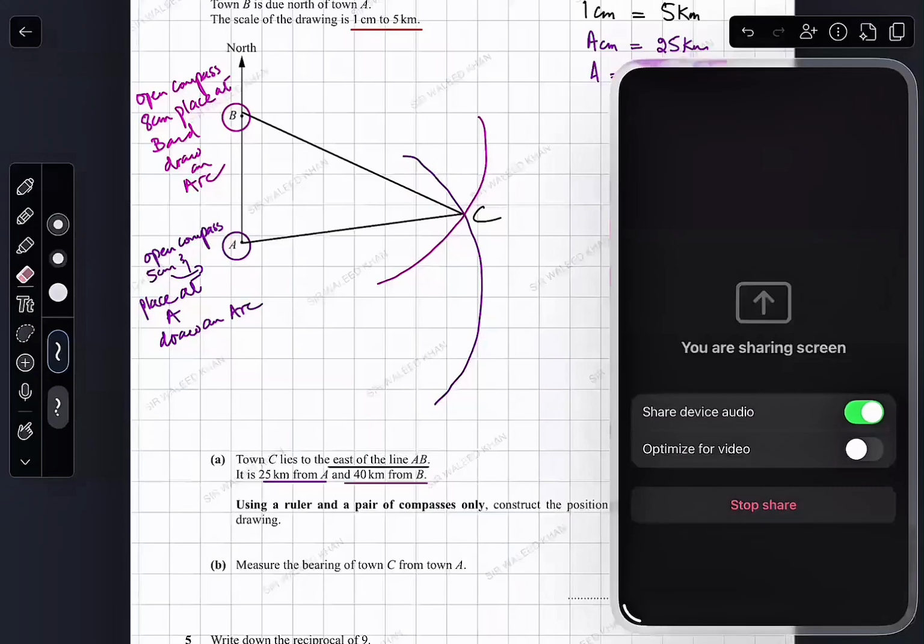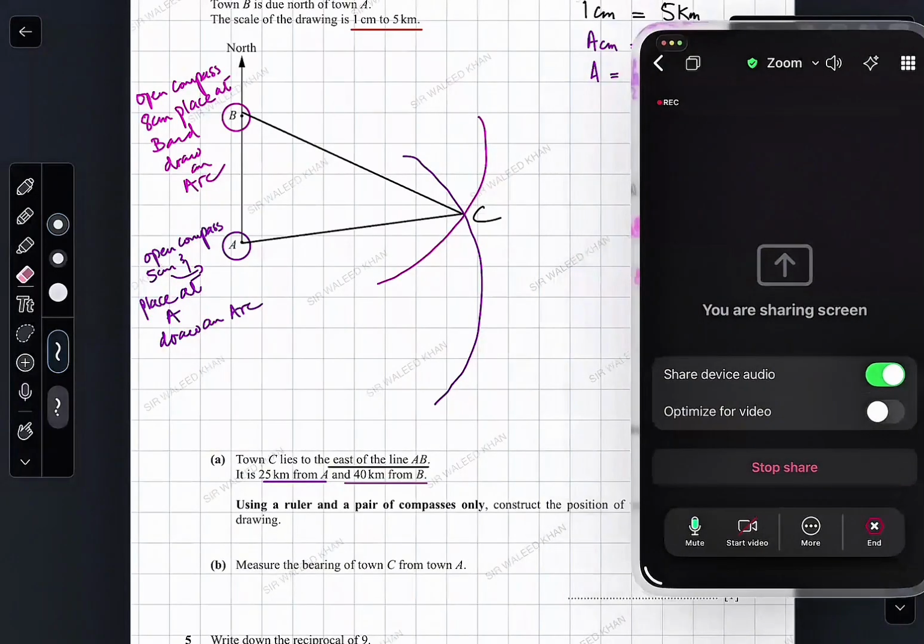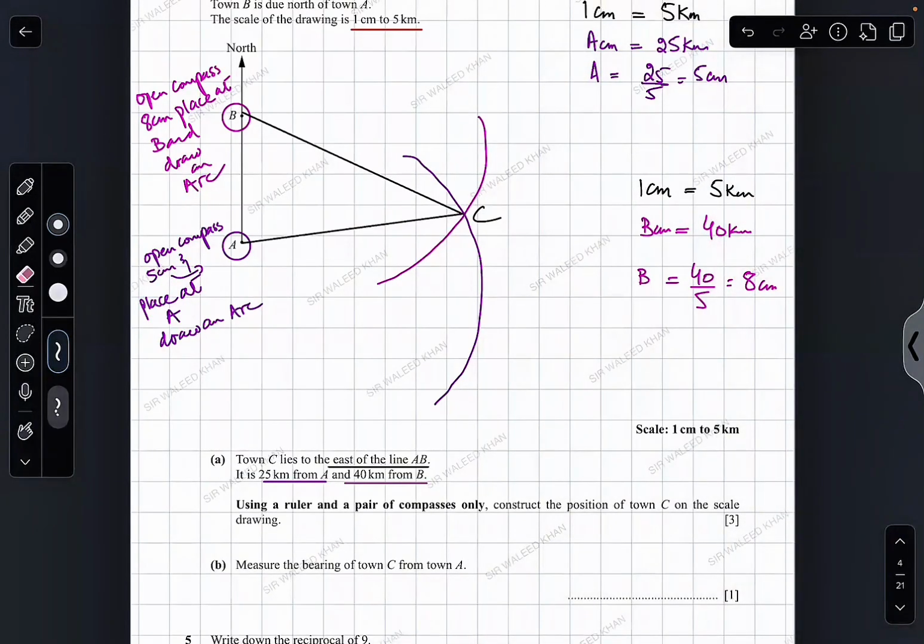This is basic level of construction, which is part of your syllabus. Eba, let me check yours. Good. Well done. That's correct. Got it.